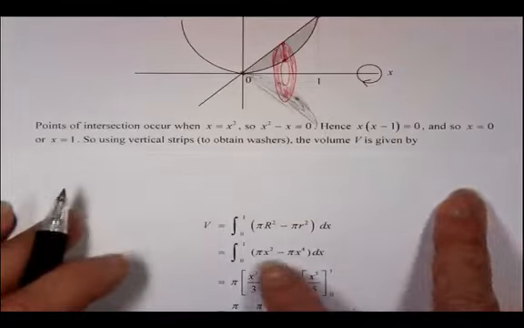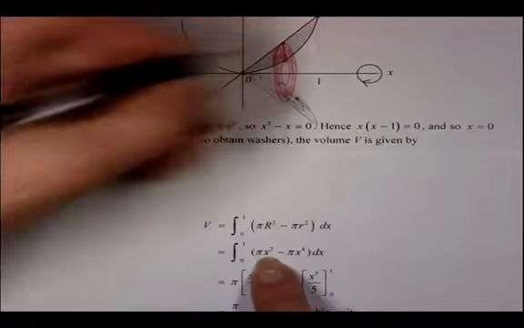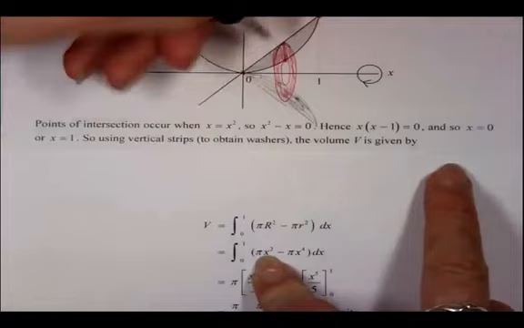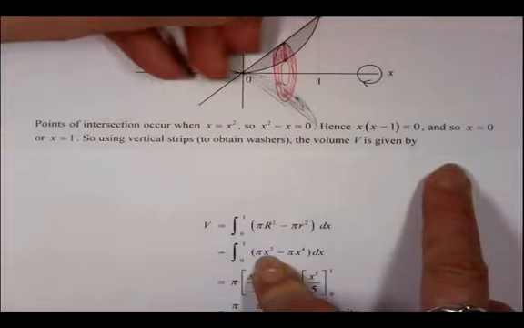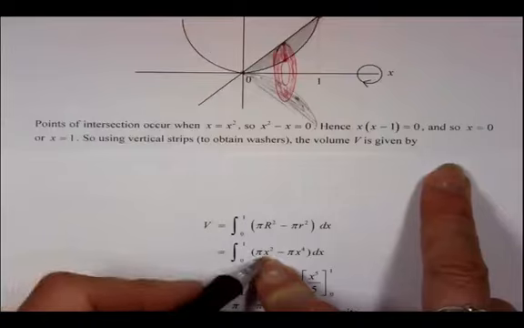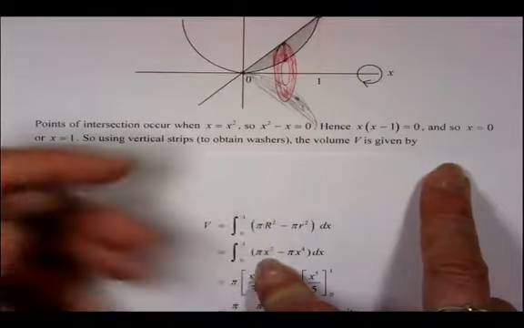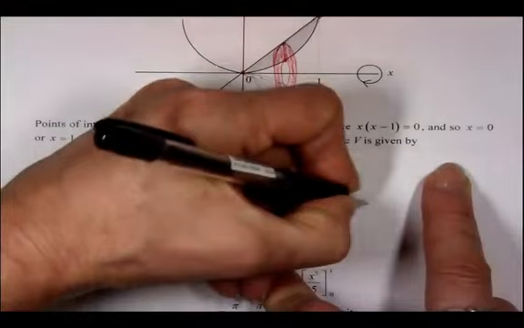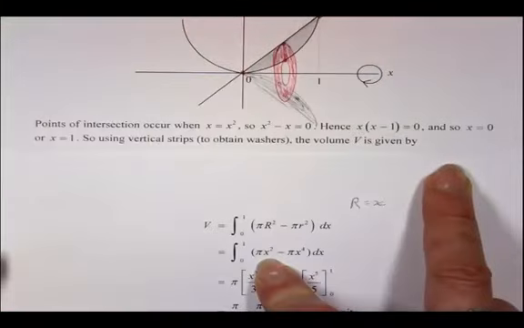Now, what was our large radius? That's given by this function here, y equals x. So R squared means it's x squared. That's because r equals x. That's our outer radius. What's our inner radius?